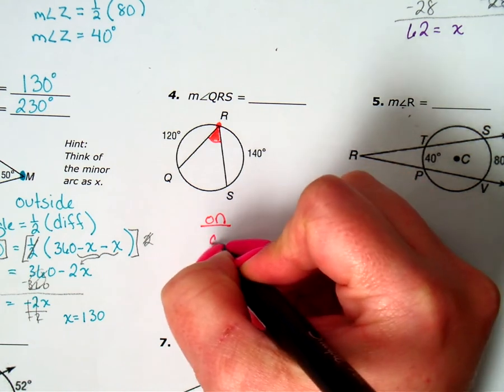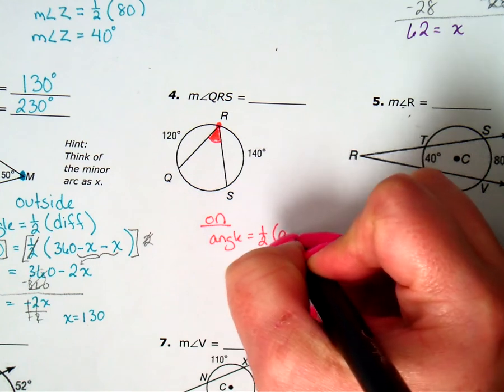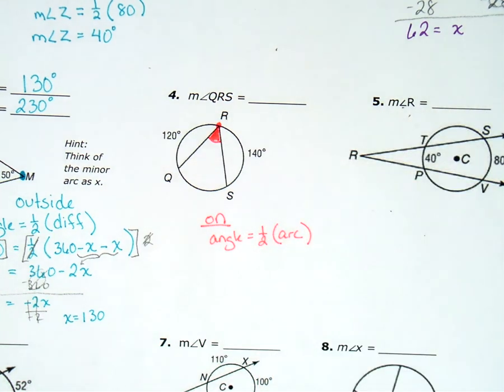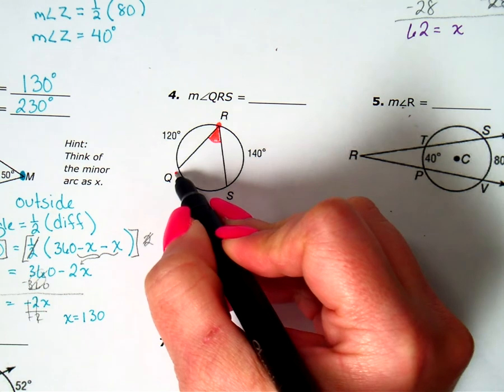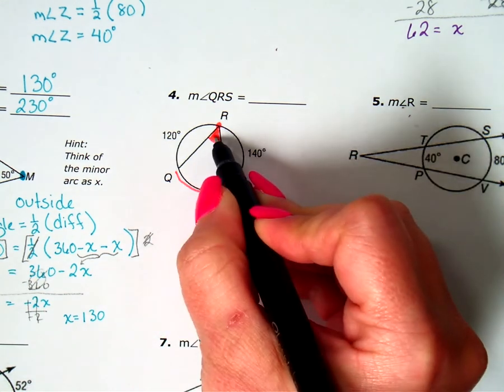I know that the angle is 1/2 the intercepted arc. I don't have to add anything or subtract anything if I know this intercepted arc. Okay, the angle is what I'm trying to find.